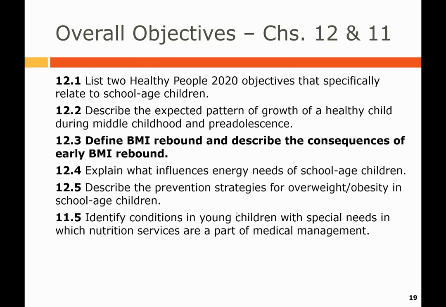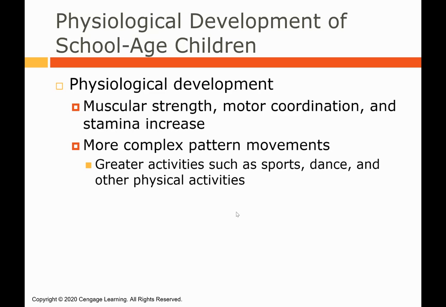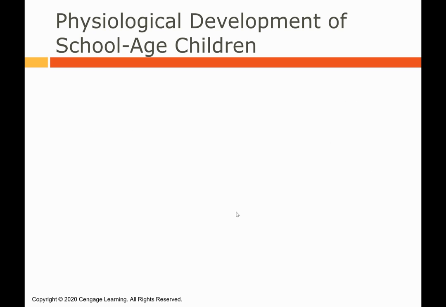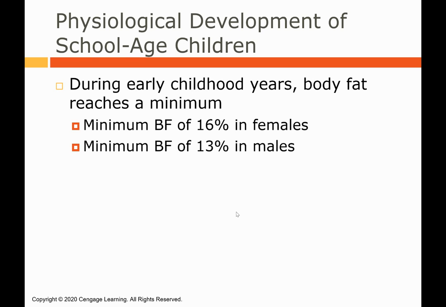So a concept I want to talk about is called BMI rebound. During physiological development, we see gains in muscular strength, enhancements in motor coordination, and also improvement in stamina. Children can perform more complex pattern movements, and they can therefore engage in greater activities such as sports, dance, and other physical activities.